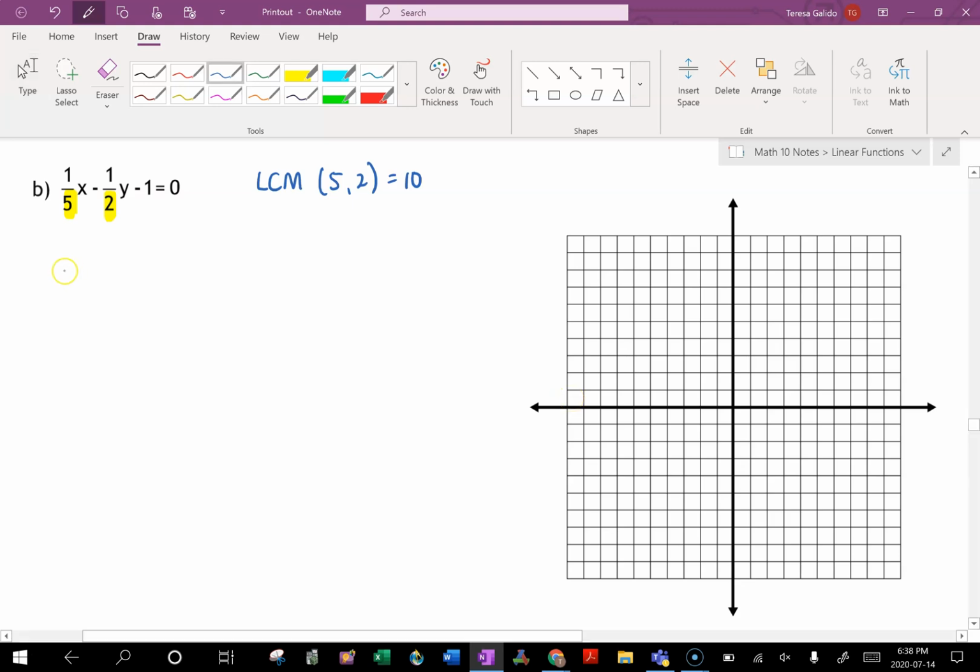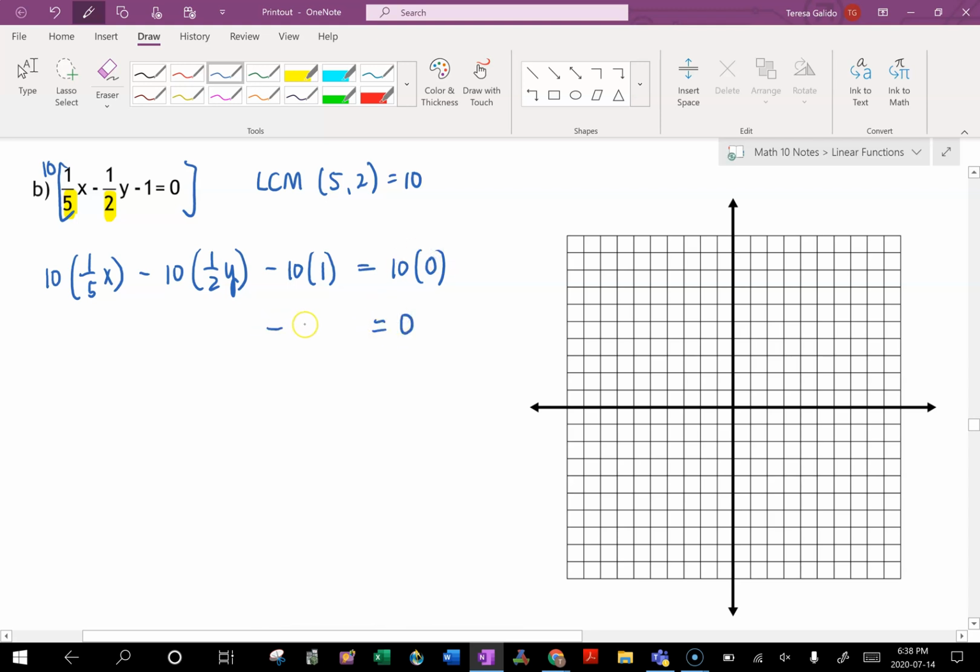If we multiply every single term here by 10, this would be 10 times 1/5 x minus 10 times 1/2 y minus 10 times 1 equal to 10 times 0. Well, 10 times 0 is just 0, and 10 times 1 is just 10.